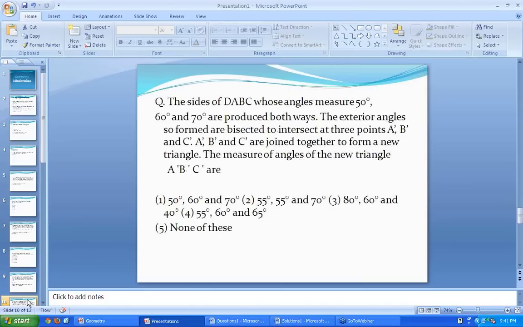Maybe one last question. Try solving this. This is the last question for the day.